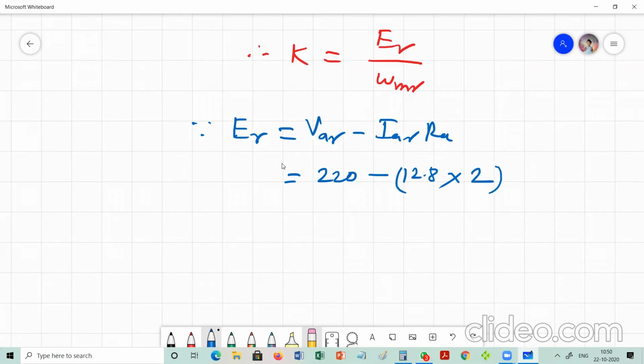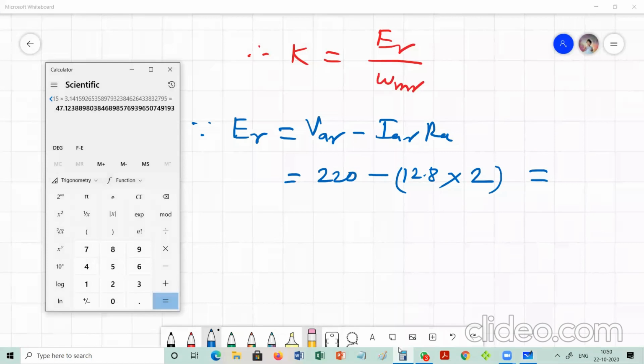So ER is equal to 12.8 into 2, 25.6. Okay, 220 minus 25.6 is equal to 194.4 volts.